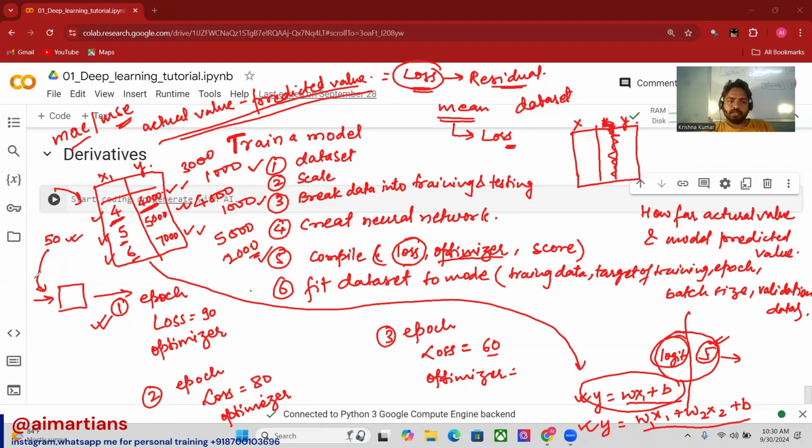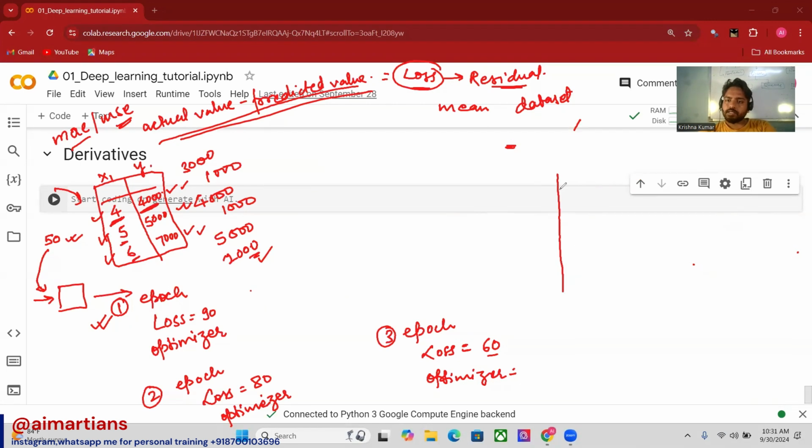So let me clean the window. This is, let's say, y, x, and let's say this is z. Or you can also draw it like this. So this is our z, and this is the loss. This is the weight.